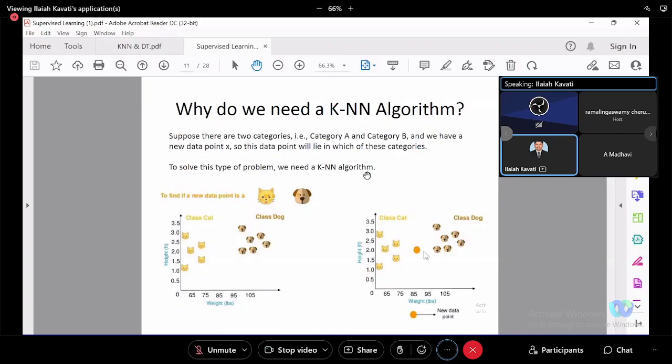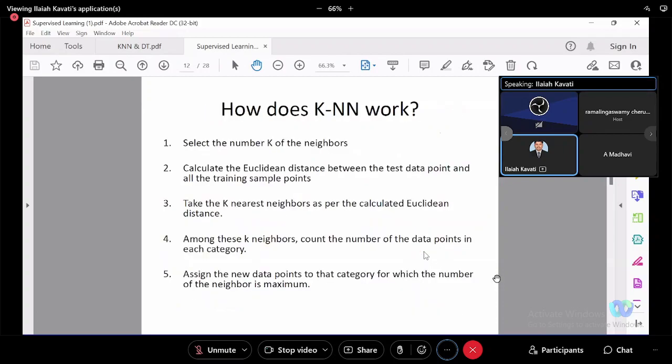In this case, we'll see how the KNN algorithm predicts whether it may belong to cat or dog. This new data point, you can see here, has a weight of approximately 85 and a height of 2 feet. Now, how does KNN work?